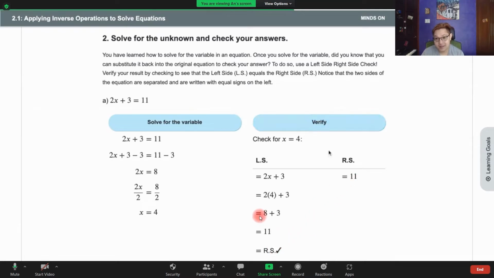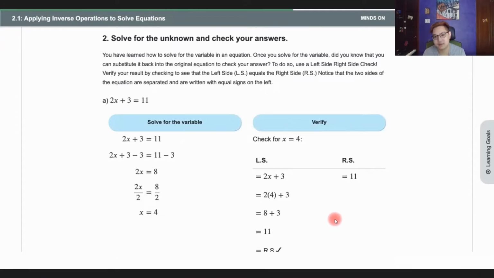Yes. If that is the case, then you know that your answer is correct. If it doesn't, you know something seriously is wrong. So you have to check the left one again so you can find some mistakes, and then you recheck once again until it becomes equal on both sides.